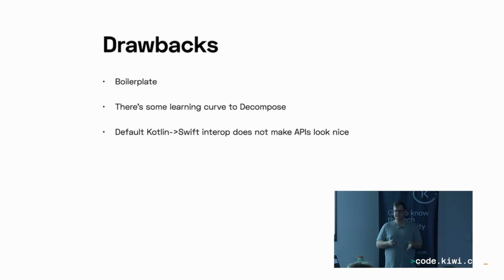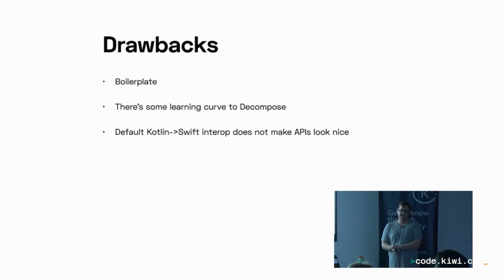Now, what are the drawbacks? Well, you get to write some boilerplate code. What I showed here is really not compilable code, just for the sake of simplicity. And there is actually a little bit more to it. You must set up some stuff, and it can get a little bit messy, if you will, but it's worth it.